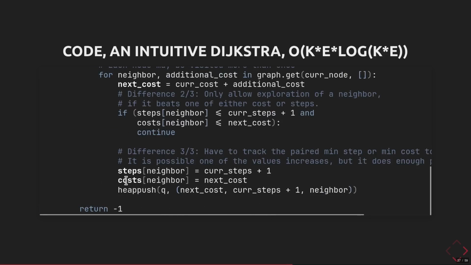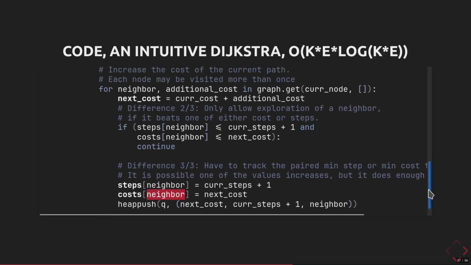One thing I'll point out is that at the end of this solution, your cost table might not actually be correct, right? It's possible that you might have had a solution that took fewer steps, but maybe a higher cost. Depending on the order of the nodes, this cost table might be mutated in such a way where visiting a current neighbor, perhaps even the destination, might actually be higher than what the true answer is, right?